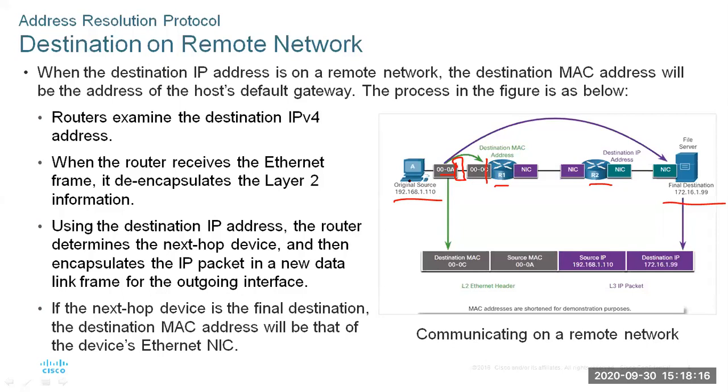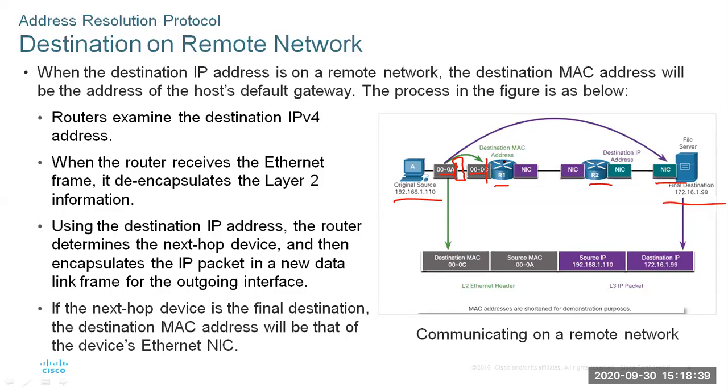So when this PCA is sending, he's going to forward the frame directly to this MAC address here. He does not need to forward it to the MAC address of this particular device. No, it's going to forward it to the MAC address of this interface. All right. And so this is going to be its destination MAC address.